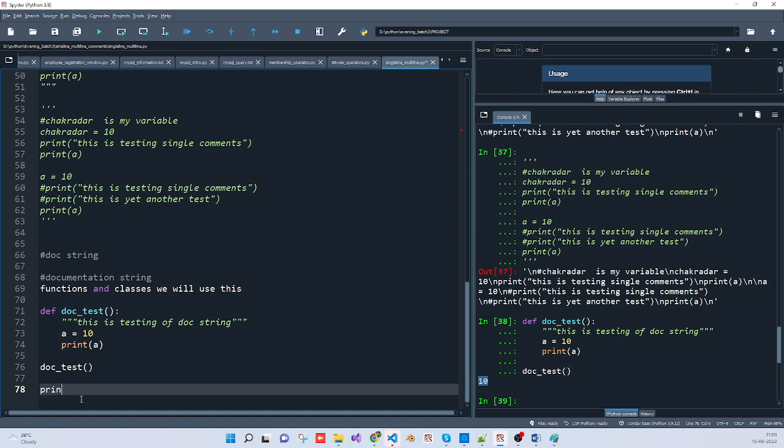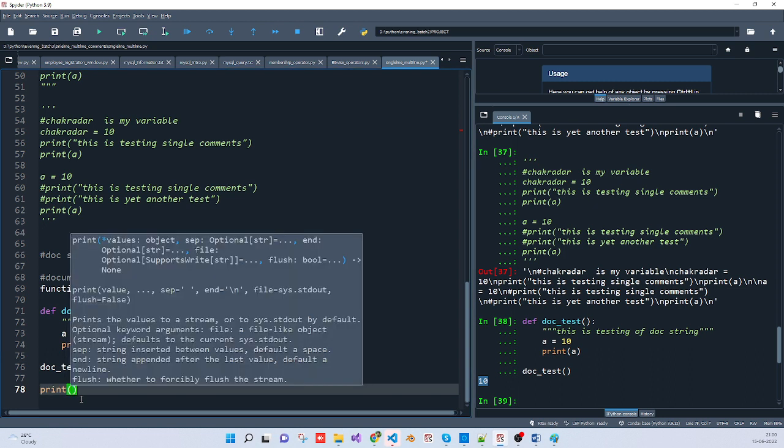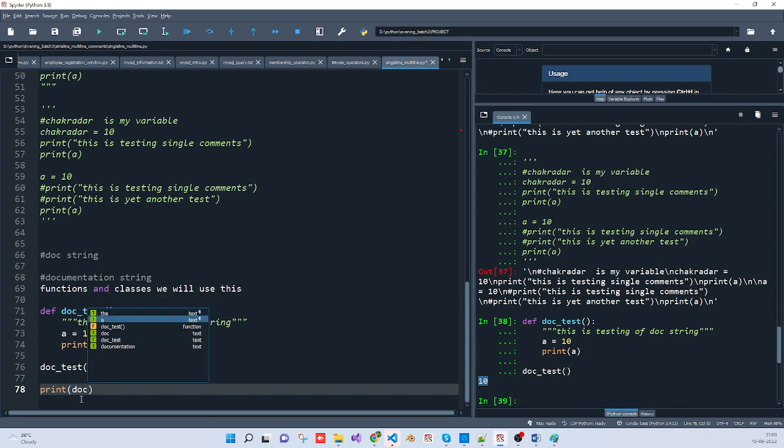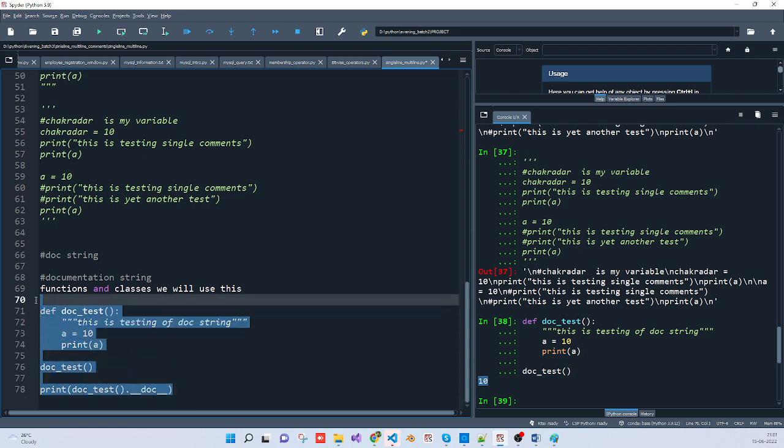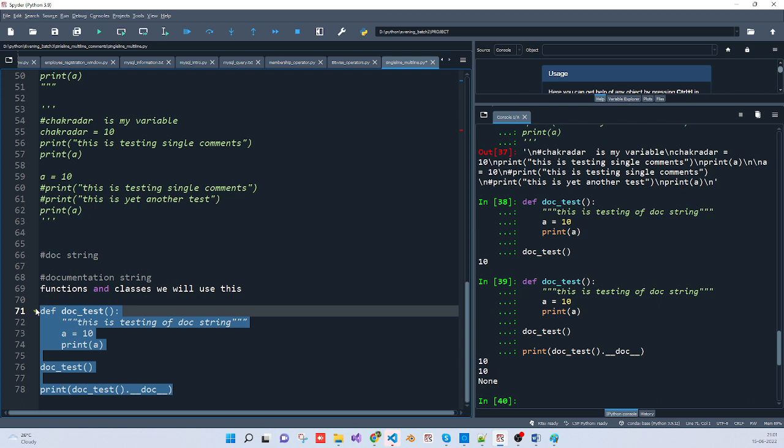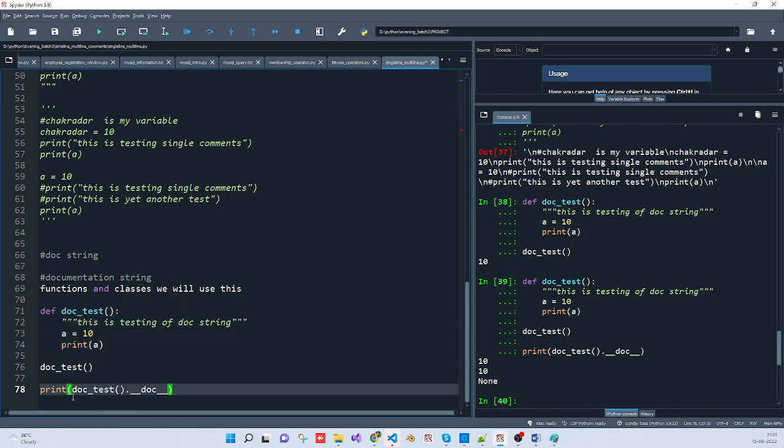What is my function name? doctest. So doctest dot underscore underscore doc underscore underscore. This one. Now, okay, wait.